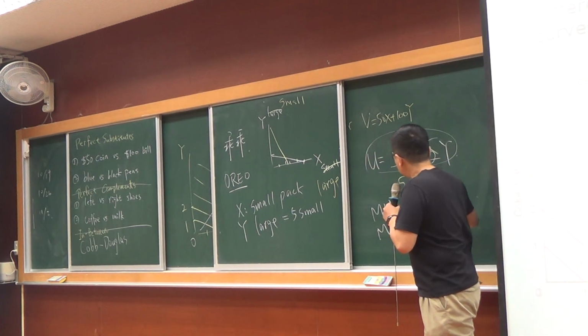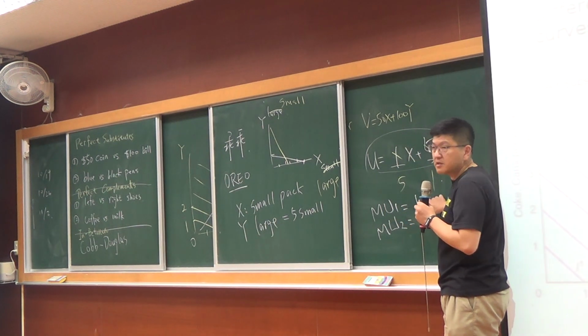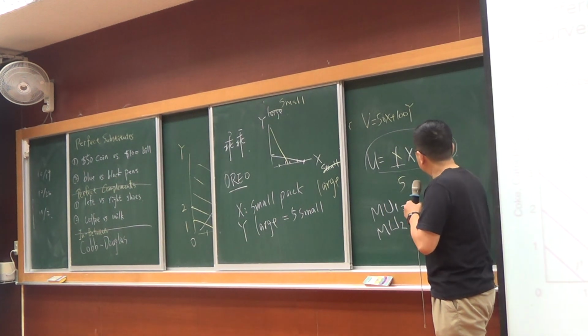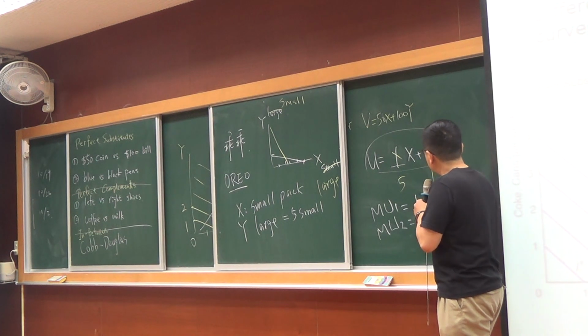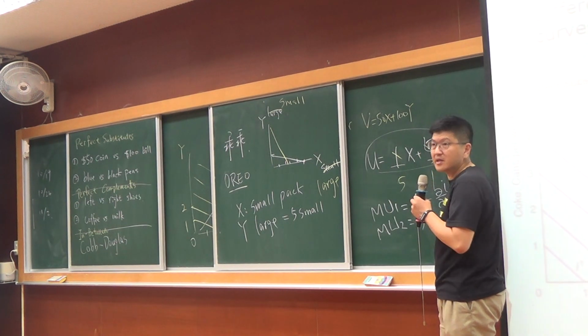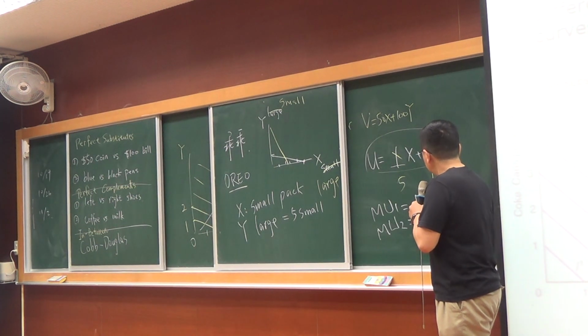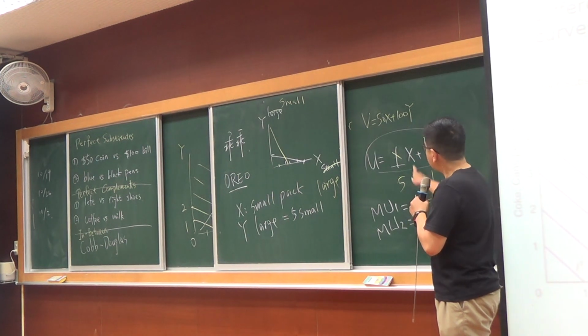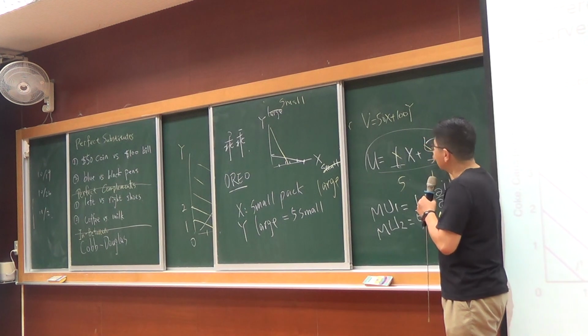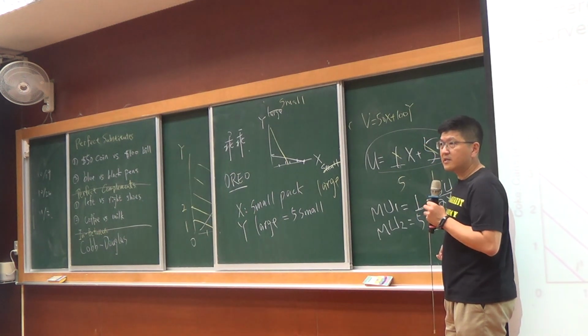How to compute 1 and 5? You just partial U, partial X, right? Partial U, partial Y. Partial U, partial X gives us 1, partial U, partial Y gives us 5. Is that clear?